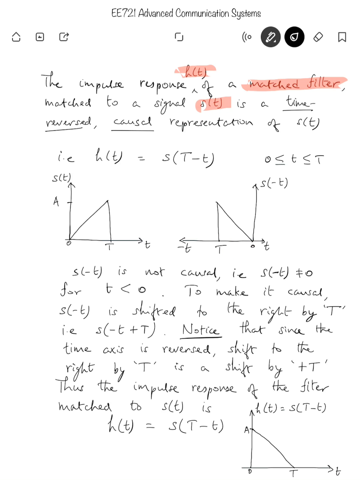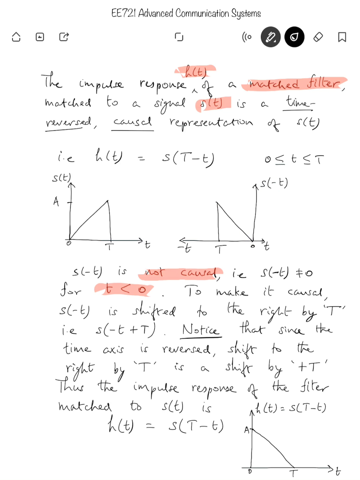So we can't have a filter whose impulse response is given as s of minus t, because it is non-causal. What do we mean by non-causal? Non-causal means there is a response or output before time t equal to 0. That means for time less than 0, there is some output. So we can't have this as our h of t.